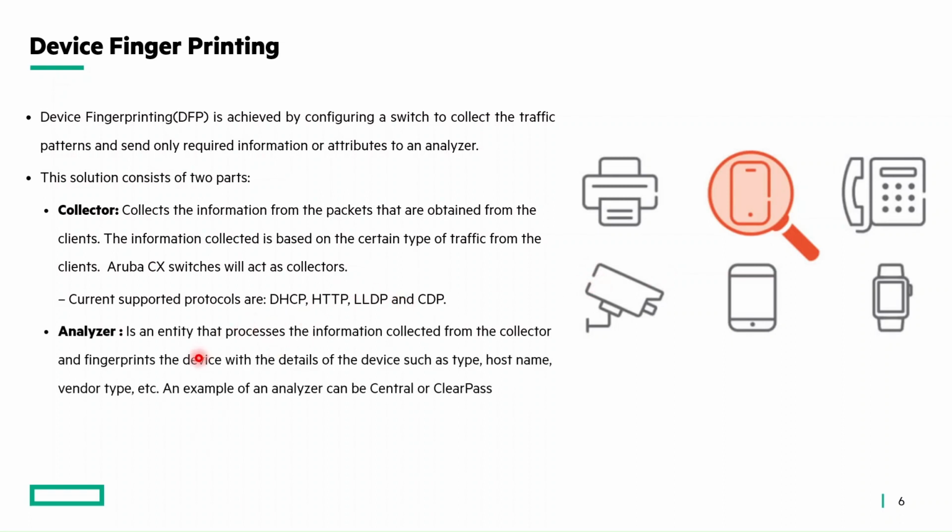The DFP data is then used by the analyzer to fingerprint the end device, which can be further used to set network access policies based on the details of the device, such as the vendor or the operating system running on the device. Examples of analyzers in our Aruba portfolio are Central and ClearPass.